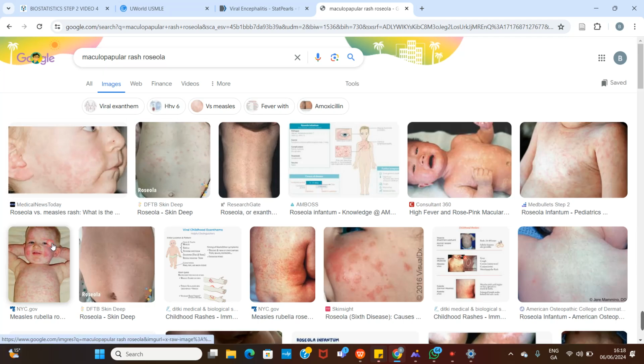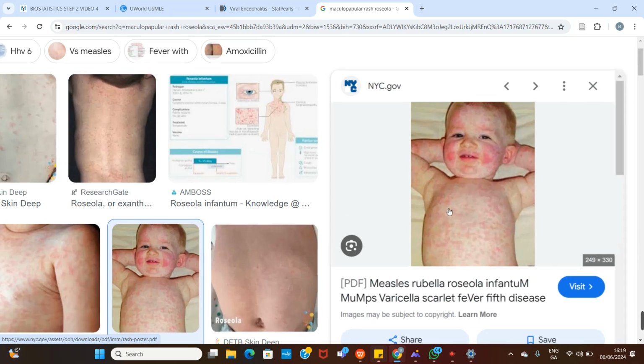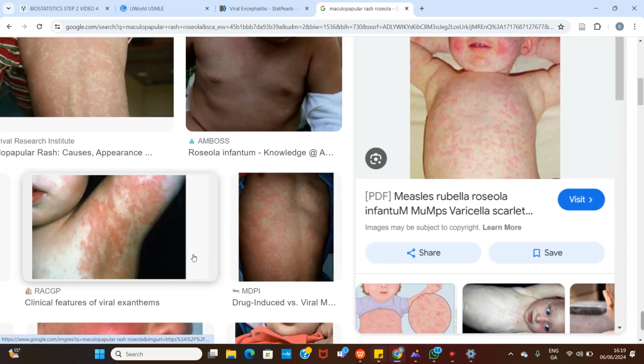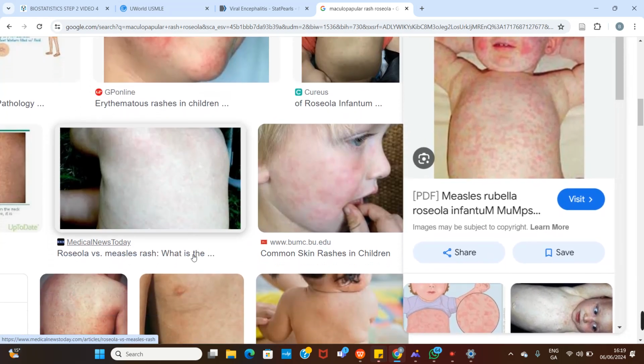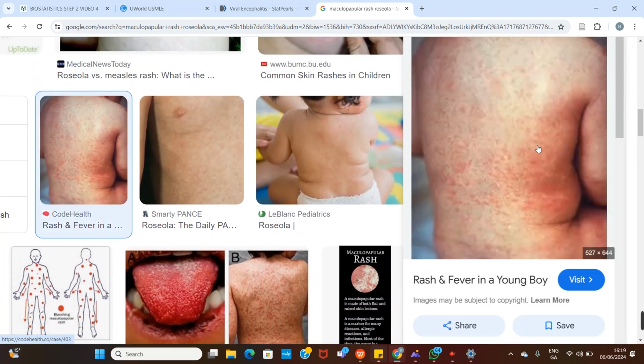Yeah, so you can see this baby having numerous papules. This is not a very clear image. Yeah, just something like this. We can also check it on our own computer, so you can see the papules everywhere and some macules developing within the trunk, and from there they can evolve outward.